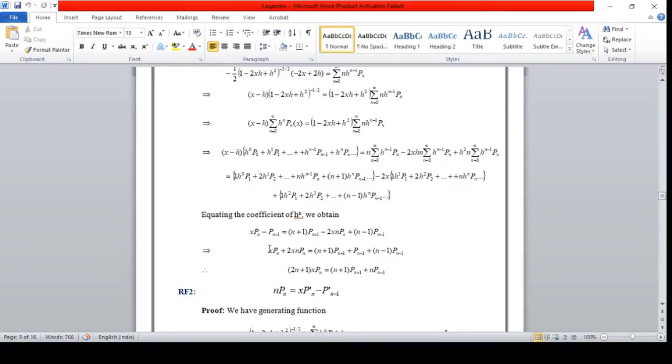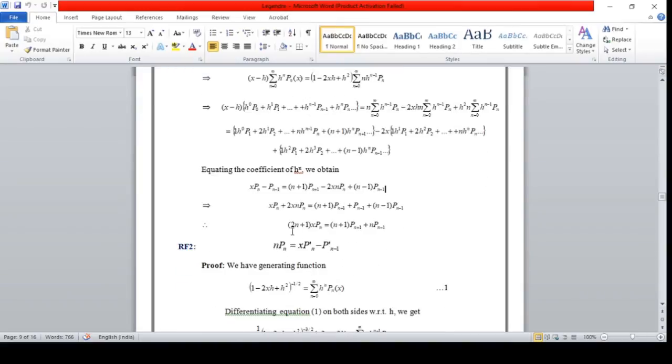This implies, taking the x coefficients to one side, x Pn(x) + 2x n Pn = (n+1) P(n+1) + P(n-1) + (n-1) P(n-1). Rearranging, we get (2n+1) x Pn = (n+1) P(n+1) + n P(n-1).